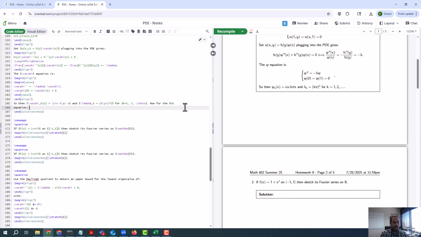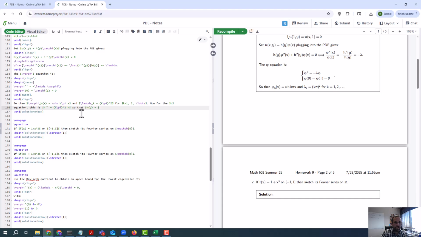So now for the h equation, h double prime is equal to, okay, we come over here, we've got minus h double prime minus lambda phi. So this is just h double prime is equal to lambda h. So this is h double prime is equal to k squared pi squared h. So that h of y, okay, this is a second order equation.